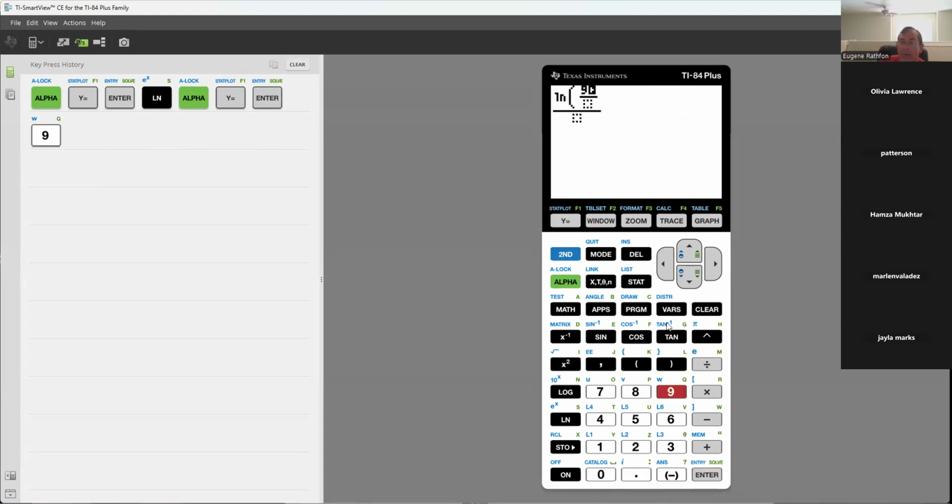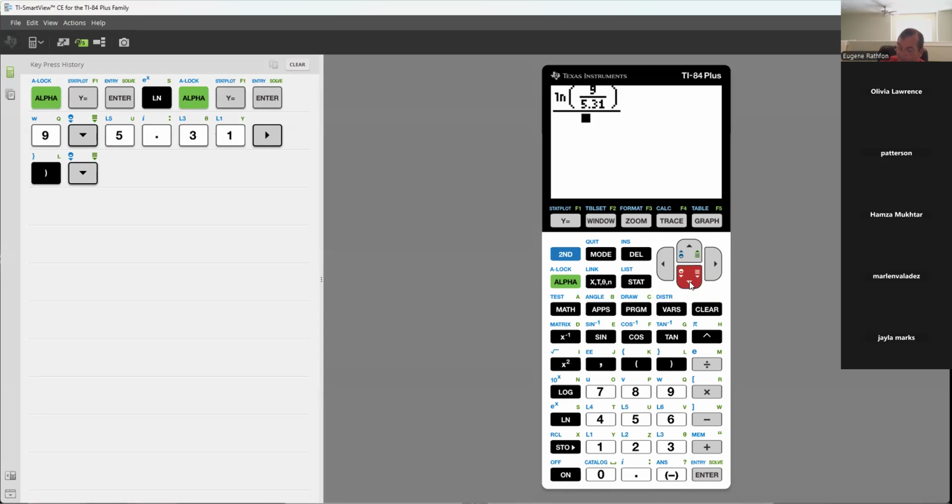So I had 9 on top, 5.31 on the bottom there. Arrow right and close your parentheses. And then just arrow down to the bottom. And that was 0.0249. So I always punch them in that calculator just like they look on that paper, okay?